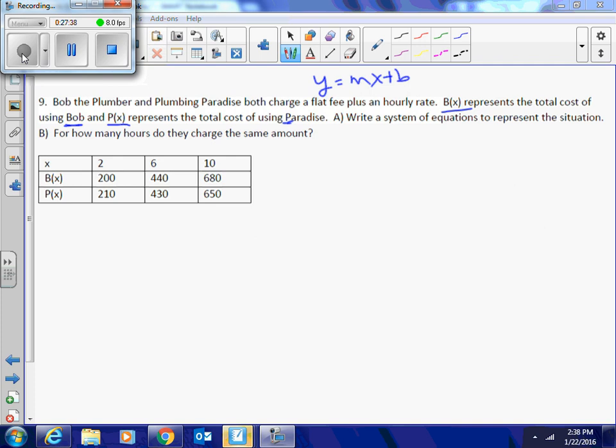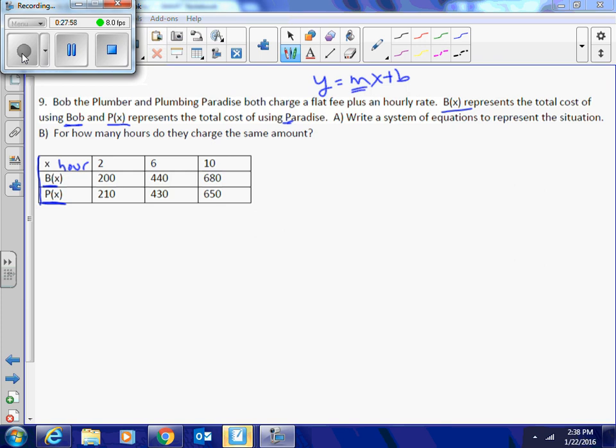And what we've got here is a compound t-chart. I've got my x values, which would be my number of hours, and I've got my y value for Bob's and my y value for Paradise. Well, let's deal with Bob first. In order to write an equation in slope-intercept form, we need to calculate slope first.